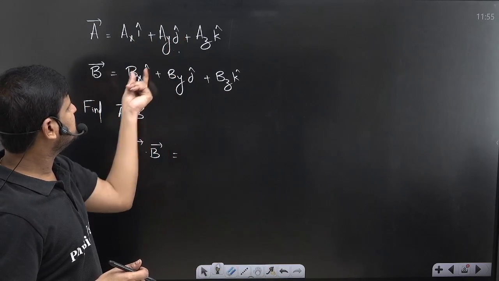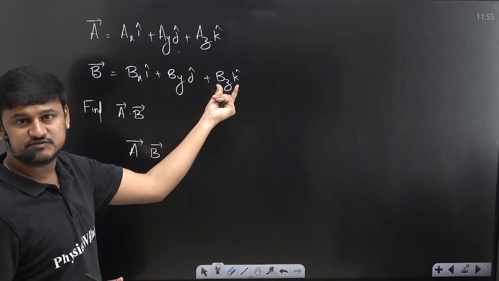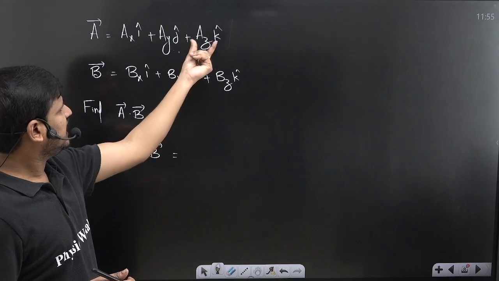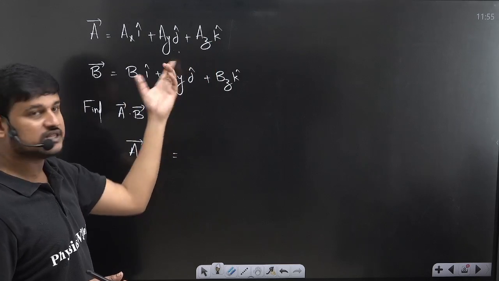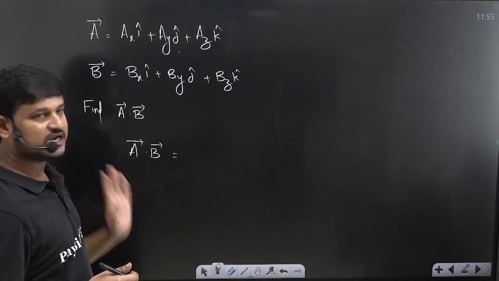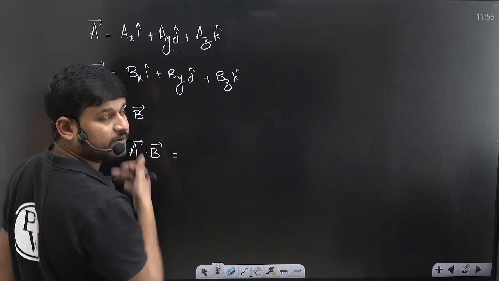Those cross terms will become 0 and only the matching products will exist, because the angle between i, j, k is perpendicular. Understanding?